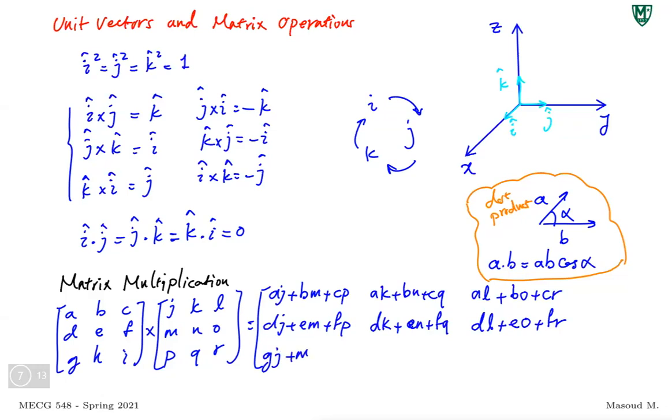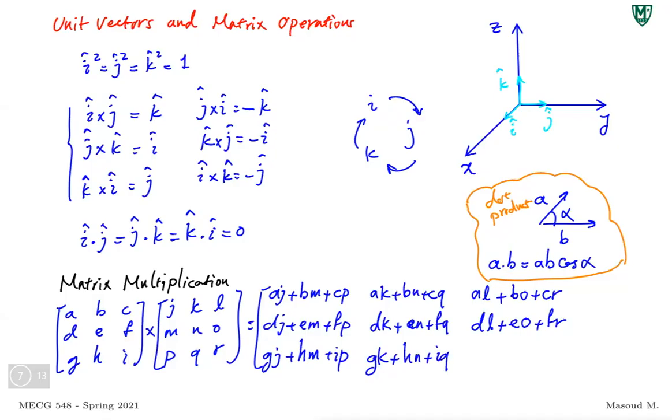plus HM, the same at least, doesn't really matter, plus IP. Then third row, second column, multiplication GK plus HN plus IQ.